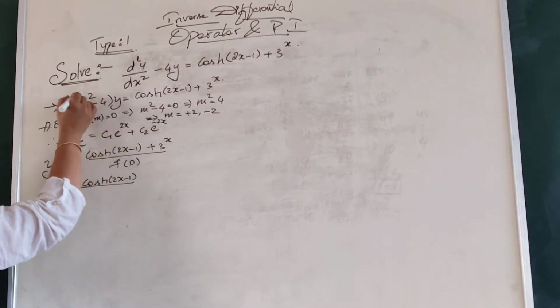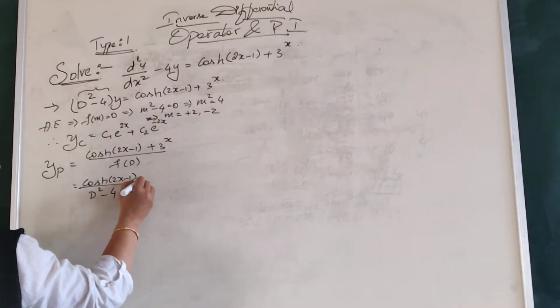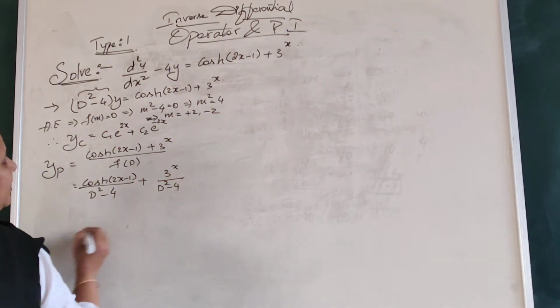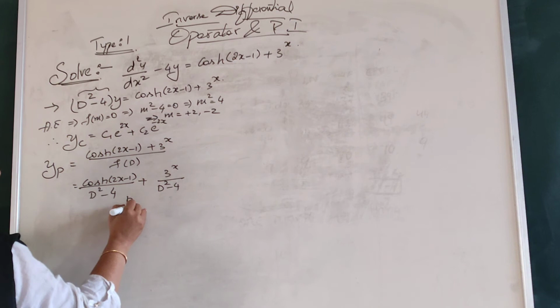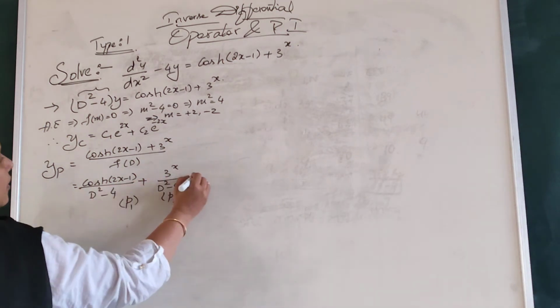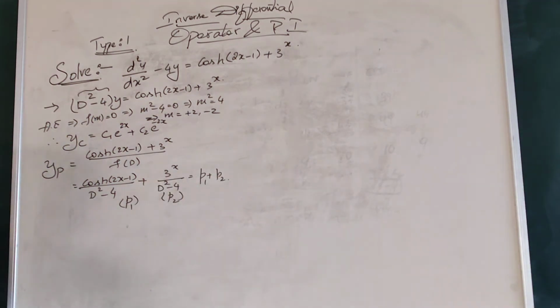What is our f of d? d square minus 4 is the f of d. Plus 3 power x divided by f of d, that is d square minus 4. Let us assume this is P1 and this is P2. So we have yp is equal to P1 plus P2. Okay, so we got to solve each of them separately.